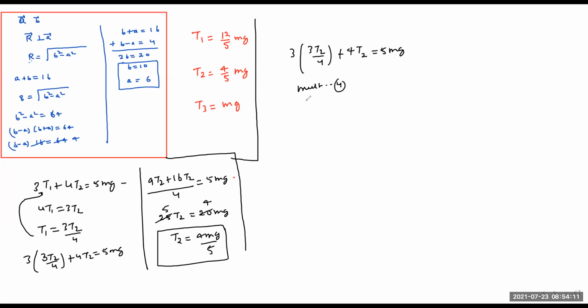Why will they multiply with 4? Because they want to get rid of the 4 in the denominator. So they will multiply both sides. Yeah, sir, I understood. I made a mistake in the starting only. Anyway, I expect all of you to be good with calculation. I will not solve afterwards.